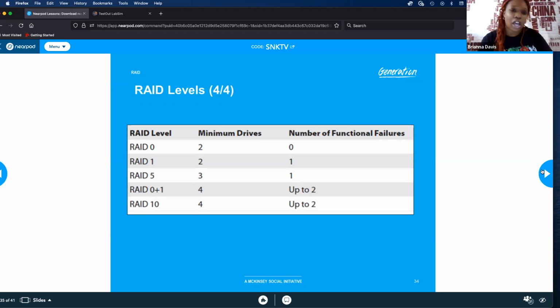But not as much as RAID 1, right? Correct. So with a RAID 1, if I have 4 drives and I lose 2, I'm still okay. If I have a RAID 5 with 6 drives and I lose 2 of those drives, it doesn't matter which 2 I lose, I'm done. I cannot recover. Okay. So it gives you some, but not as much data integrity as a RAID 1 or a RAID 10.